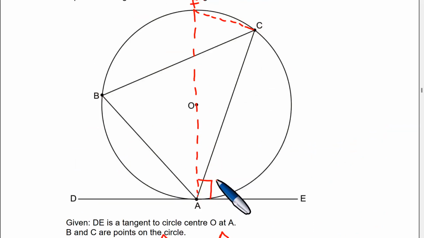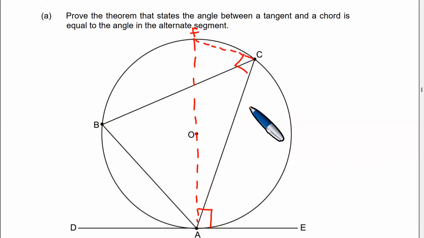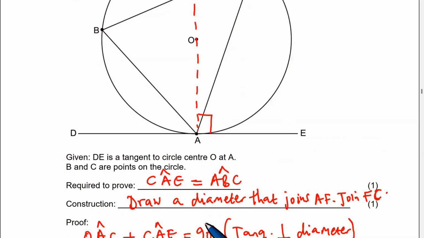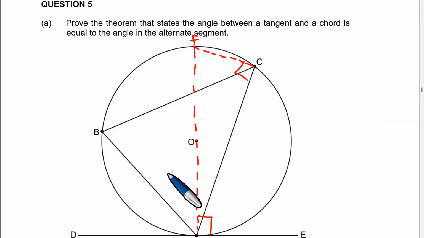But also it makes sense to realize that this is the diameter, and therefore it subtends an angle of 90 degrees at the circumference of the circle. And this means that we can see that FCA is equal to 90 degrees. So in other words, this angle here at the circumference obtained by the diameter is 90 degrees.